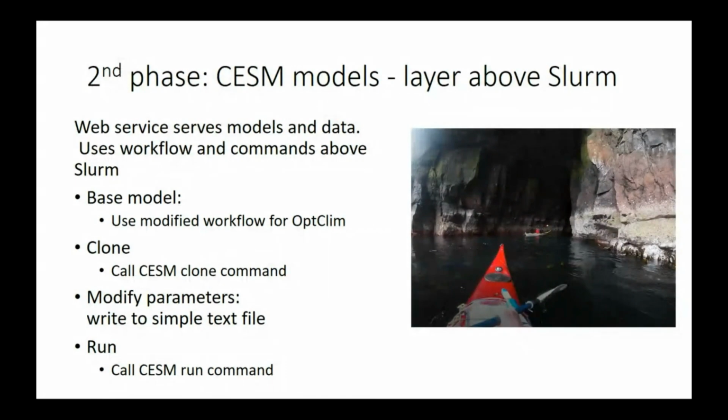And then to run the CESM, there's a CESM run command, and so those commands and the combination of that and the workflow give us a layer above Slurm, but it's one which is quite straightforward to work with in our context.